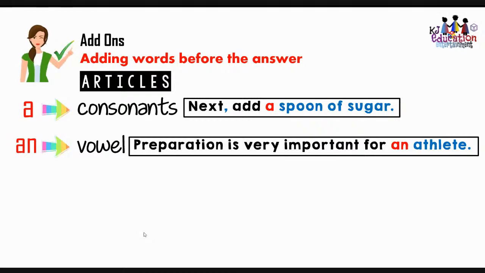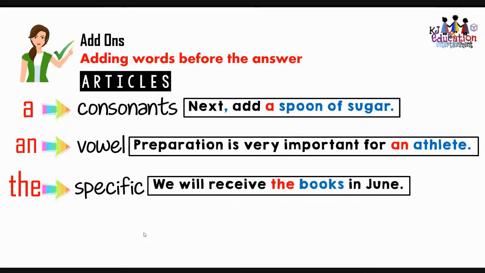The next one would be the, which we use for something specific. For example, we will receive the books in June. The refers to a specific kind of book, for example, English textbooks. Something which you know is there, something specifically there. So we use the books. And this one as well, which is very important, dash, which is zero article.